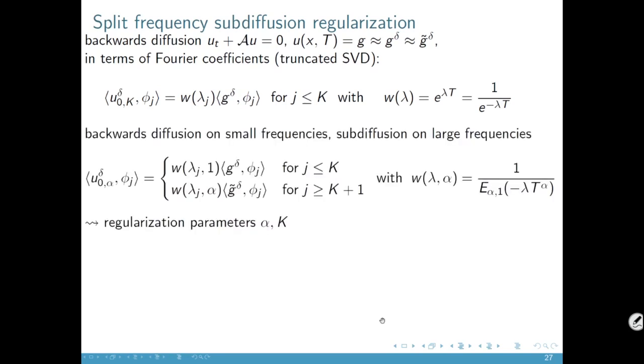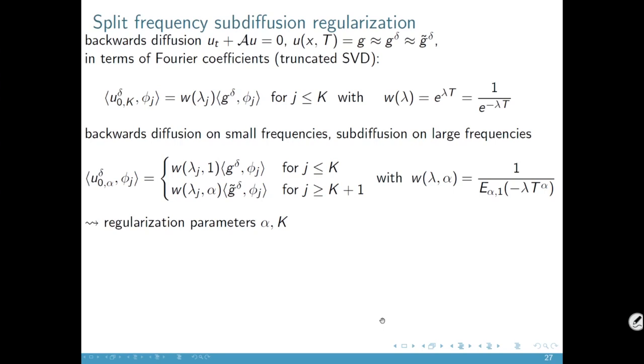So splitting the frequency range into small frequencies, those that are also retained by the full backwards diffusion with truncated SVD, and also doing something on the larger frequencies. Up here they would just be cut off. Here they are retained with these only linearly growing factors and with this smoothed noisy data in them.